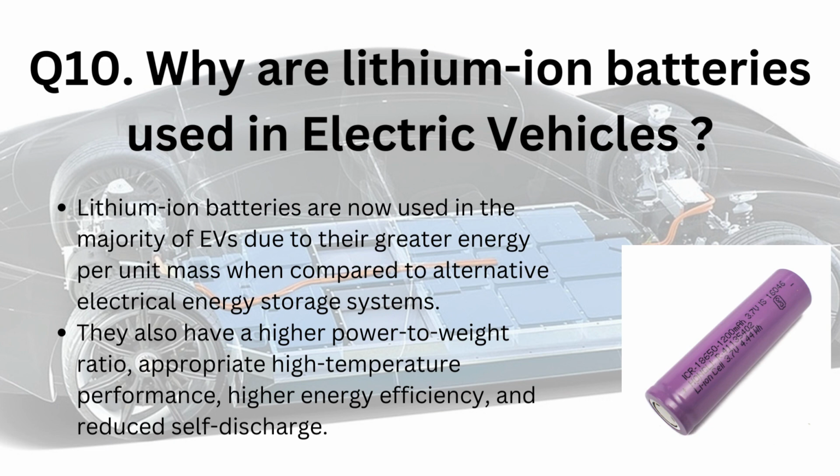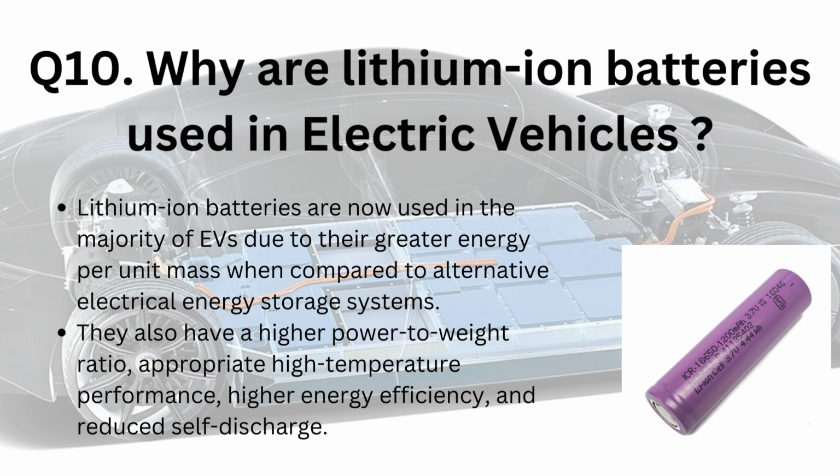Why are lithium batteries used in the electric vehicle? If you see, most electric vehicles use the lithium-ion battery because the lithium-ion battery has greater energy per unit mass, meaning in a small mass it can store large energy.